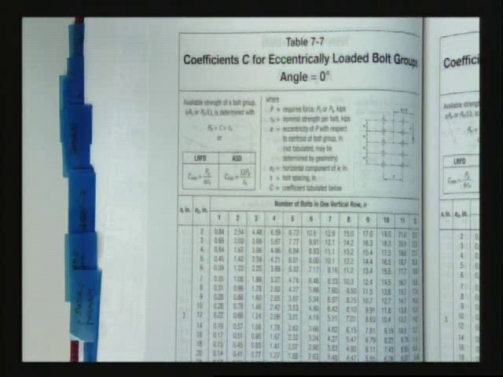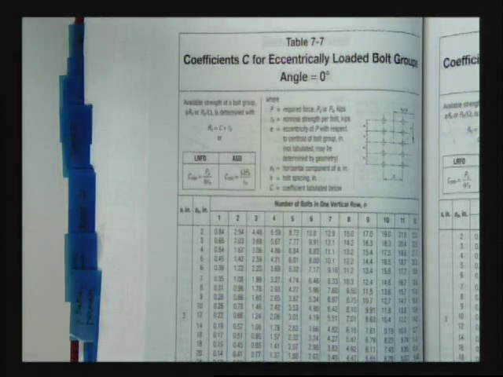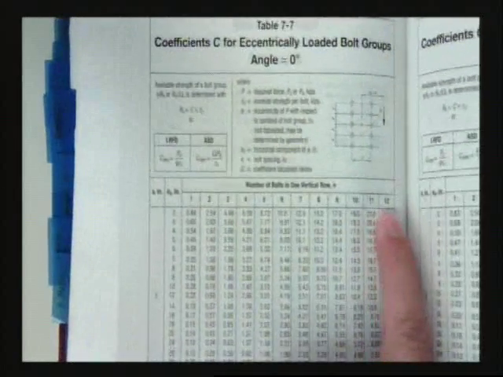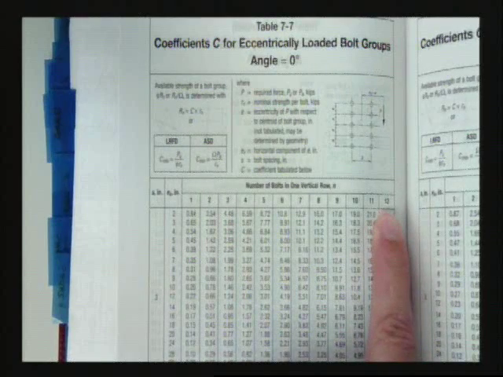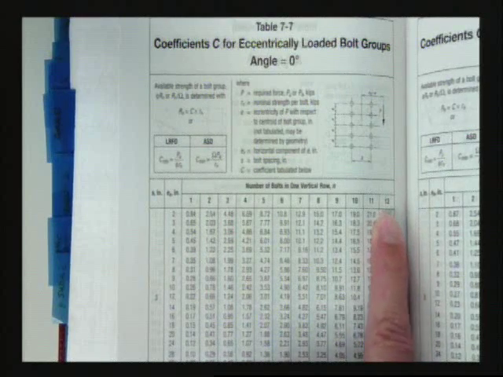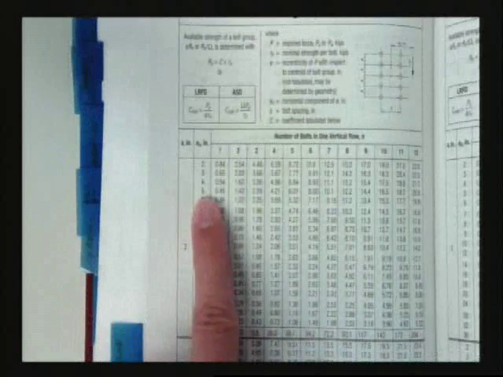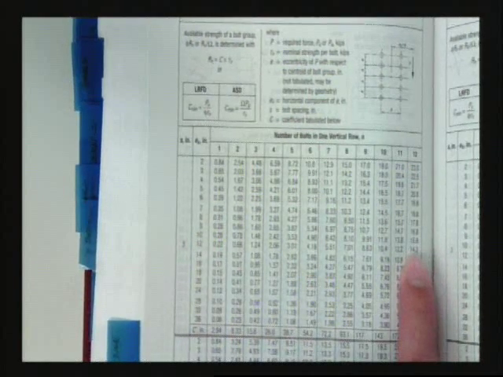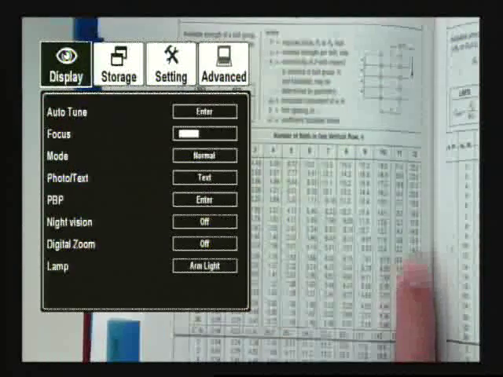Don't just tell me a number. What does that number mean? What do we get out? The number of equivalent bolts. That's right. That means we may think we're starting out with 2 rows of 12 bolts, so that'd be 24, right? But as our eccentricity goes up and up, we don't really have the equivalent of 24 bolts.